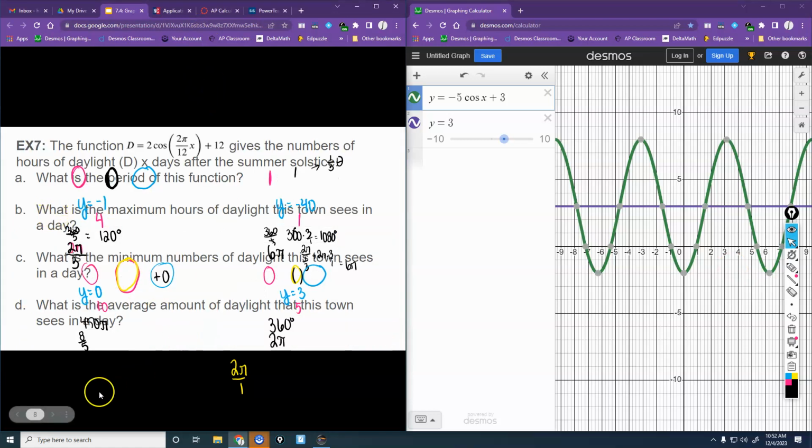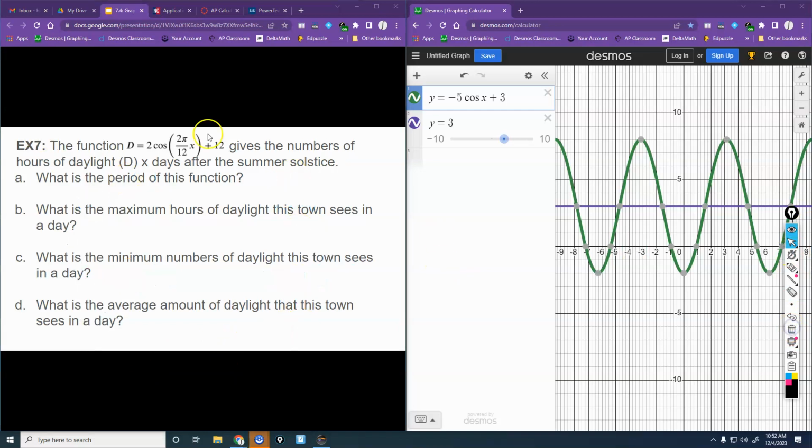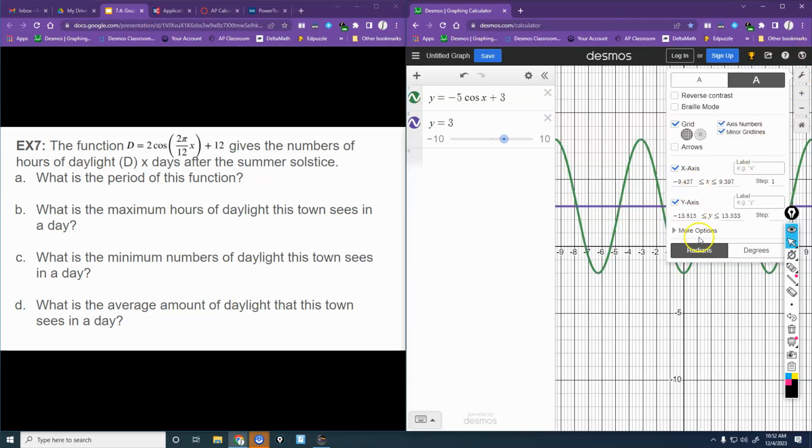All right, let's look at some application for this. We're just going to scratch the surface on application for these. For this one for sure, this is done in radians, so you want to make sure you're in radians on your graph.